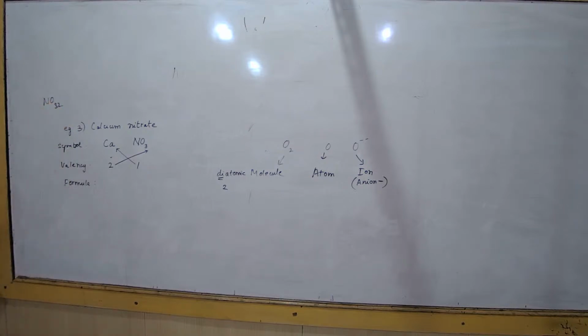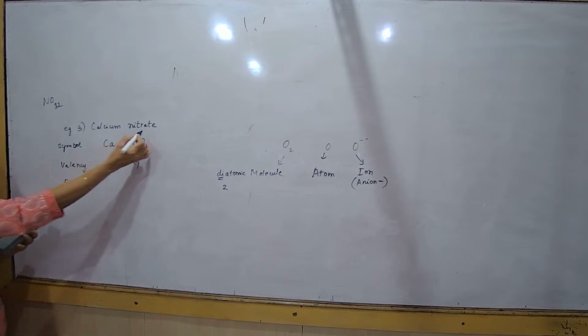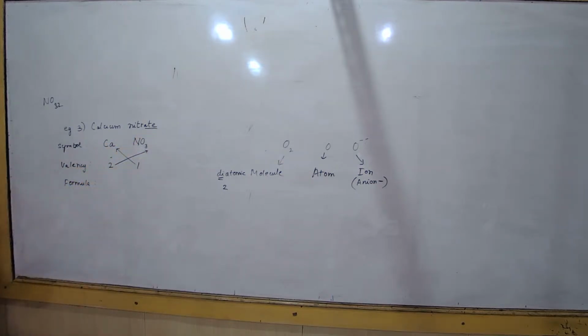Nitrate is NO3 minus. Spelling: there are three spellings. Nitrate, nitrite, nitride. Nitrate is NO3, valency 1.